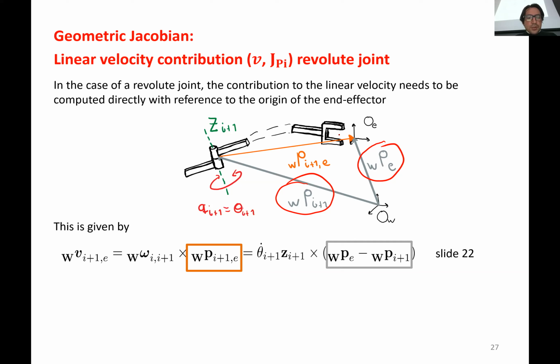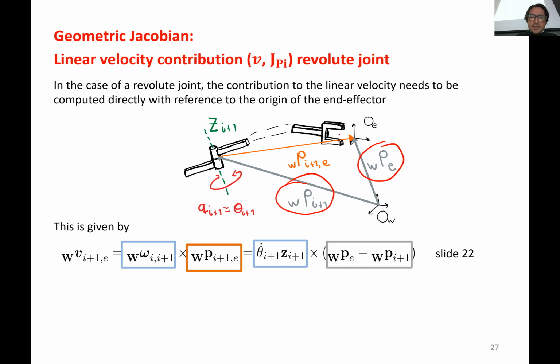And then what we also know, from the expressions that we see in slide 22, is that the ones that we derived before, which ones? Remember that these were the important ones in red circles in a previous slide, where I was talking about what we knew and what we didn't. Some depended on the direct kinematics, some depended on the predecessor joints. These are only the contributions of those specific joints.